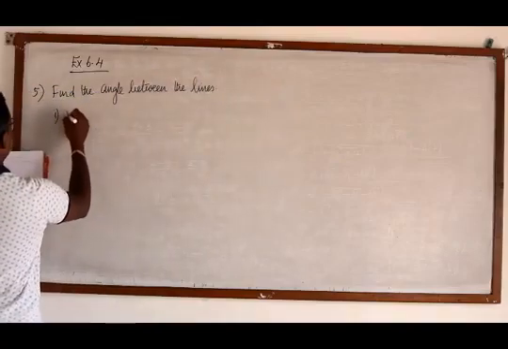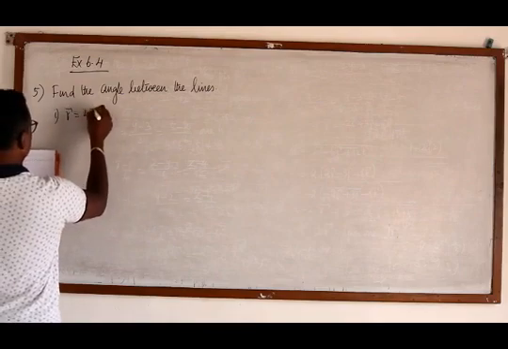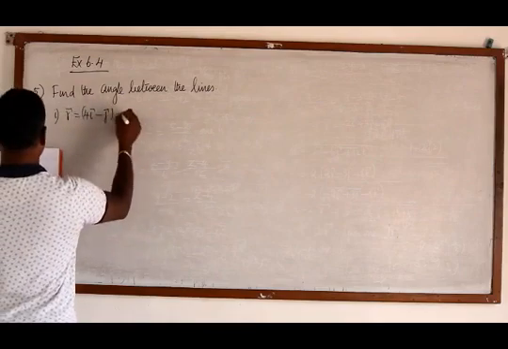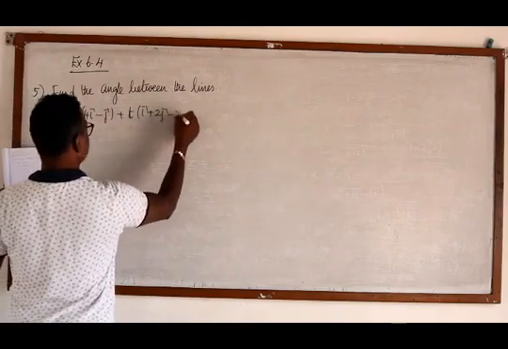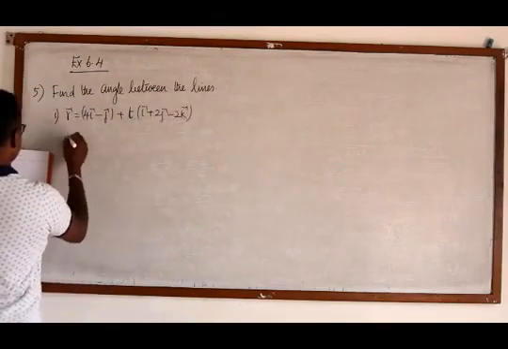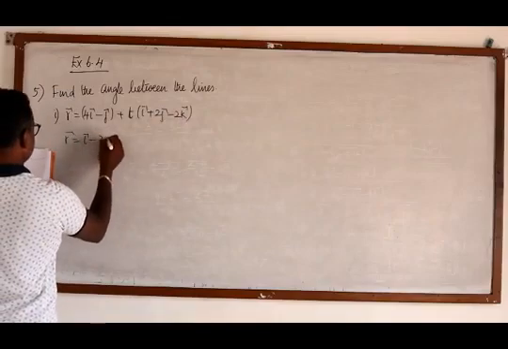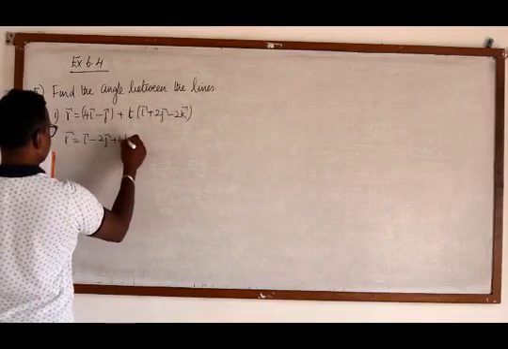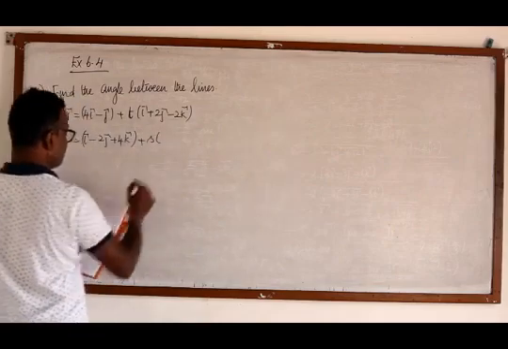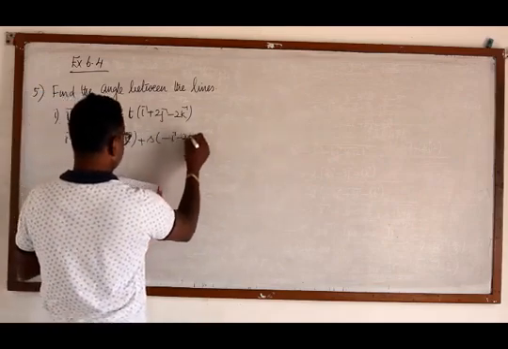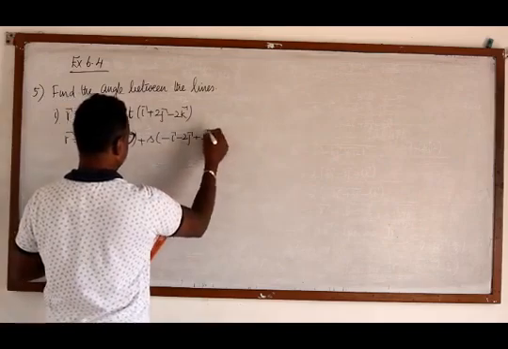First one: r vector equal to 4i minus j plus t into i plus 2j minus 2k. Then r vector equal to i minus 2j plus 4k plus s into minus i minus 2j plus 2k.